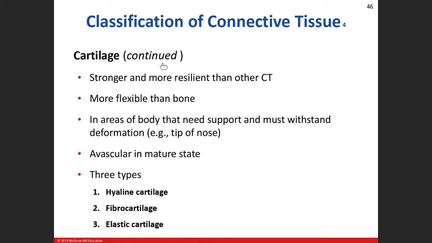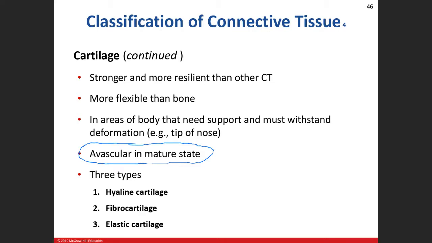That's because of its collagen and elastic fiber makeup, and it has a higher content of water. When it's mature, and this is a great test question because I've asked it on mine, it is avascular. So if it's talking about avascularity for cartilage, you better make sure that it mentions that it is mature.